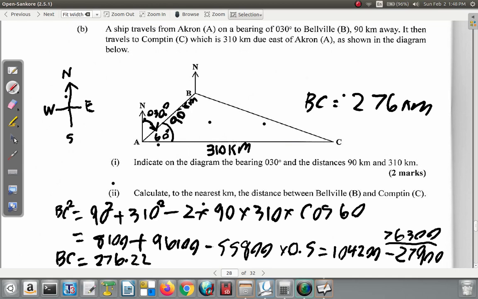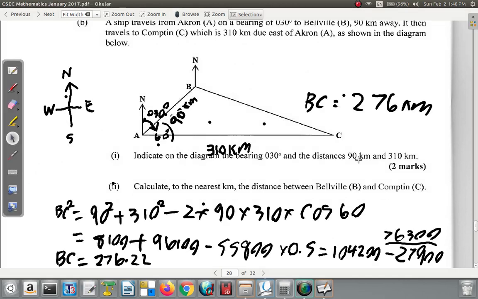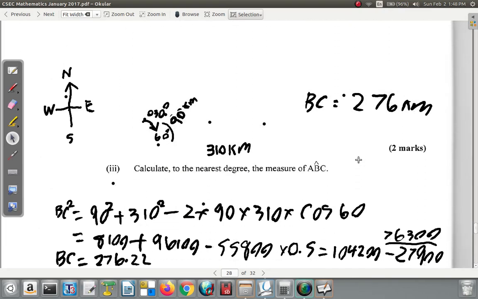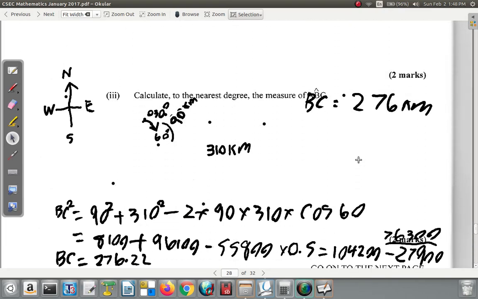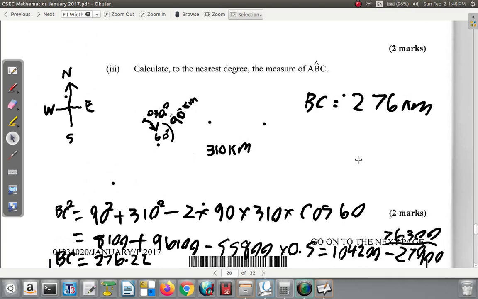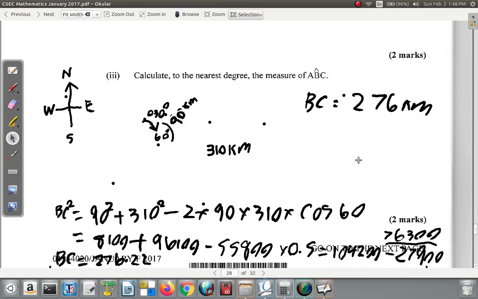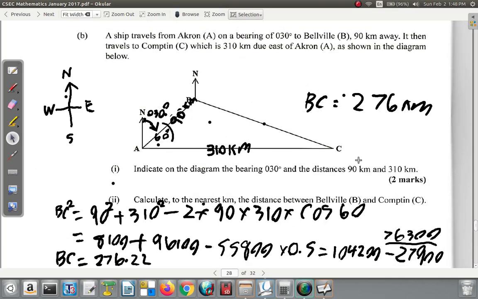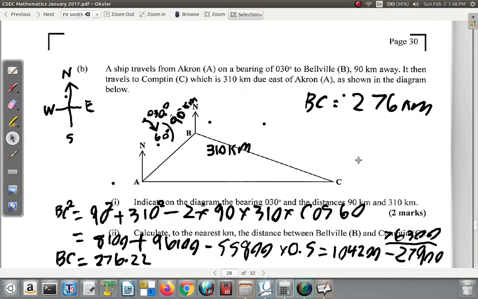All right, let's see what's going on further down here. After that, they say calculate to the nearest degree the measure of angle ABC. Angle ABC to the nearest degree.